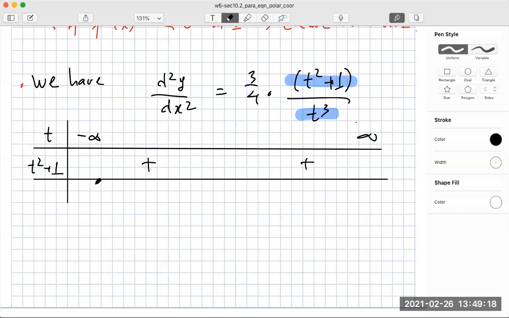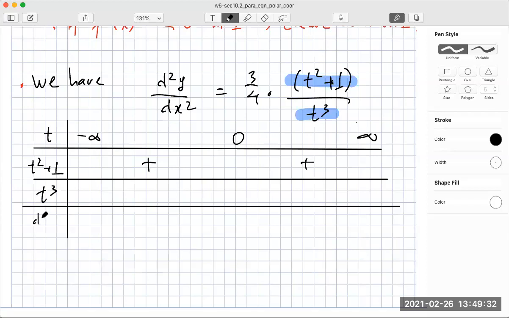And here, when t is equal to 0, and here is the second derivative of this curve, when t is equal to 0, how does the second derivative behave?